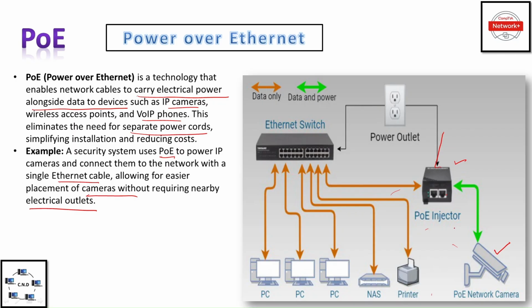So this gives both data as well as power to the camera through this device. Nowadays, the switches also have PoE ports. So instead of using this device, you can directly connect the PoE port to the camera without needing this device or power.